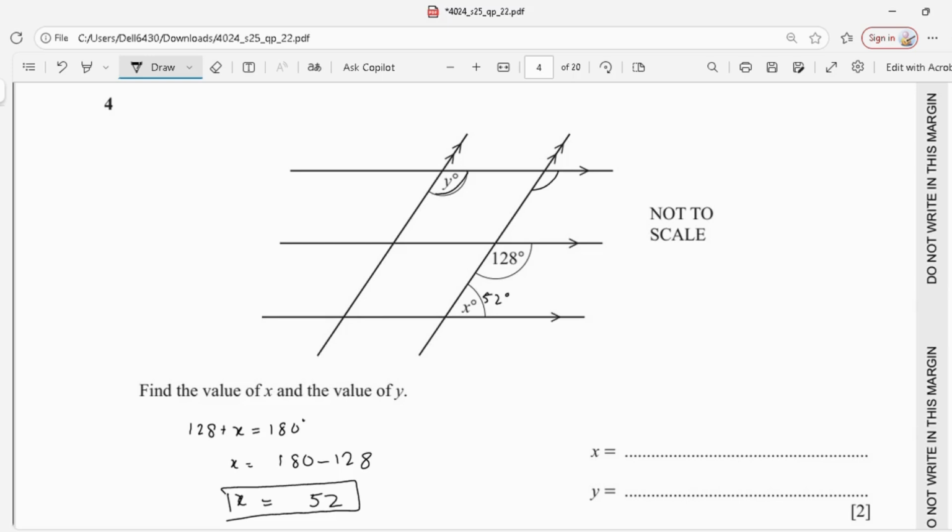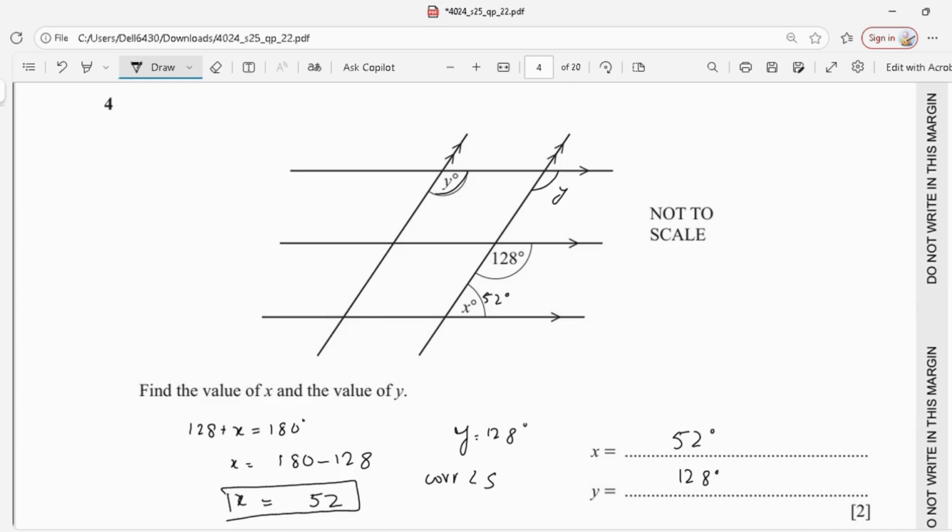So y is equal to 128 degrees, because of corresponding angles. Since these lines are parallel to each other, x will be 52 degrees and y will be 128 degrees.